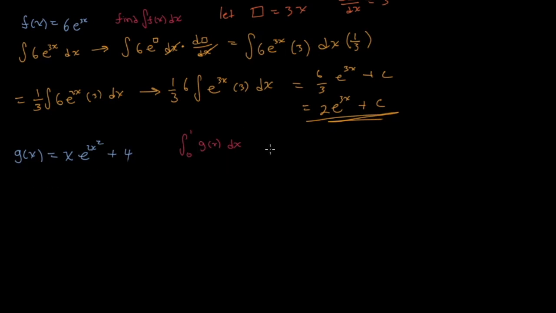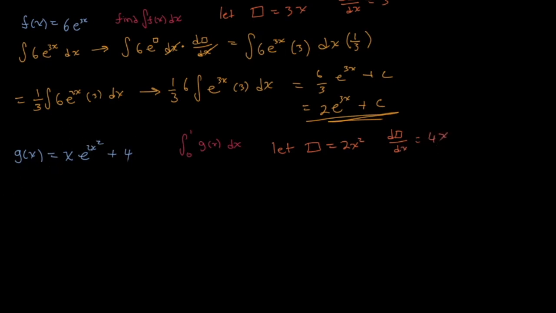Well, the process would still be the same, so we're going to use our placeholder method here. So we're going to let this box be equal to the exponent, which is 2x squared, and then the derivative of that exponent with respect to x is equal to 4x.